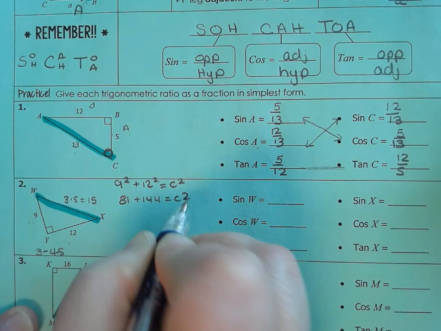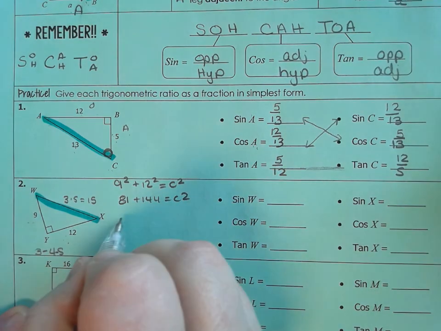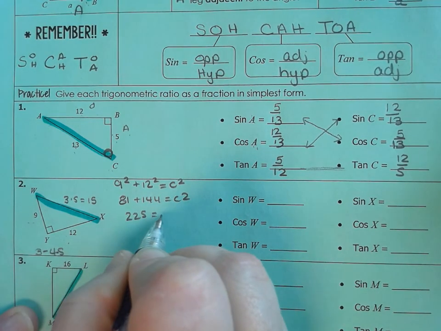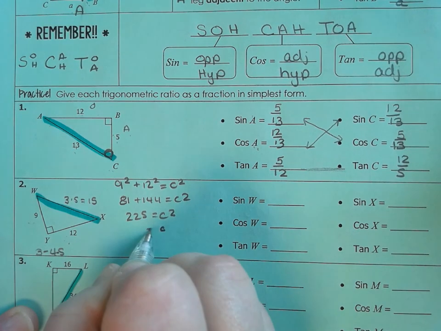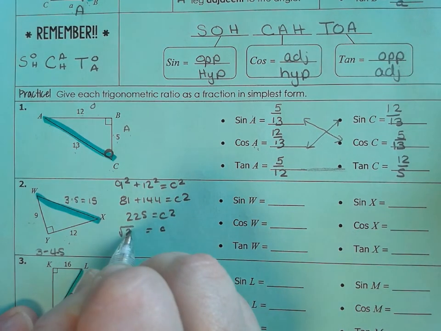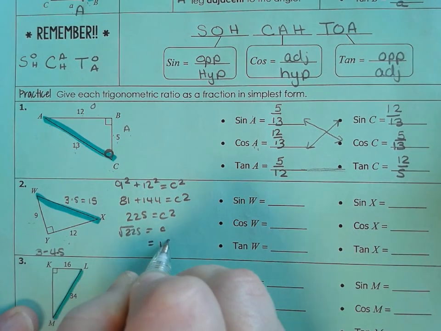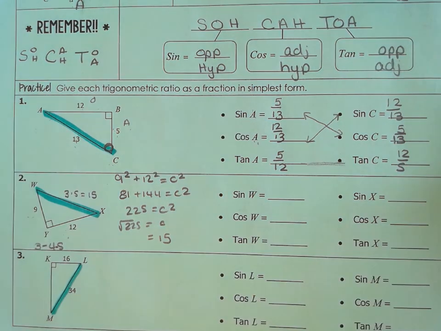And that's 225. And c is the square root of 225, which is 15. Okay? So don't worry if you don't recognize that as a Pythagorean triple. There are some portions on the SAT that are not calculator, and a lot of that stuff is the tricks that you can use, right?